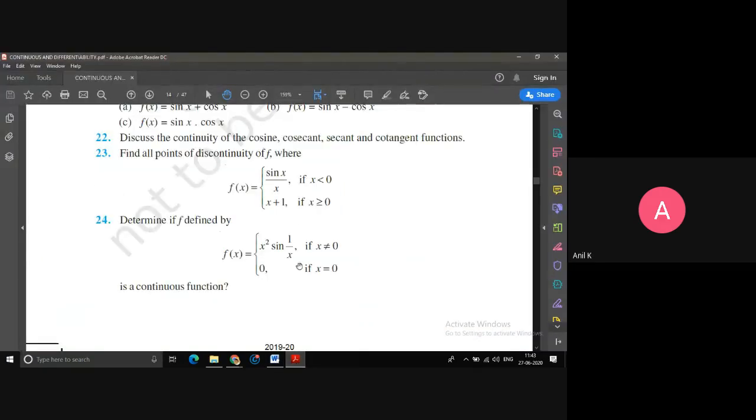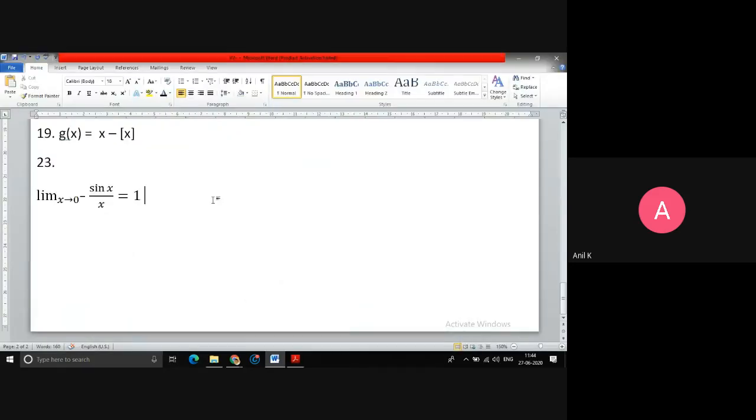Now what is given for the right of 0? If x is greater than or equal to 0, my function is going to be x plus 1. So when I find the right limit, let me copy here. Instead of minus, it has to be plus. So my function is given as x plus 1.